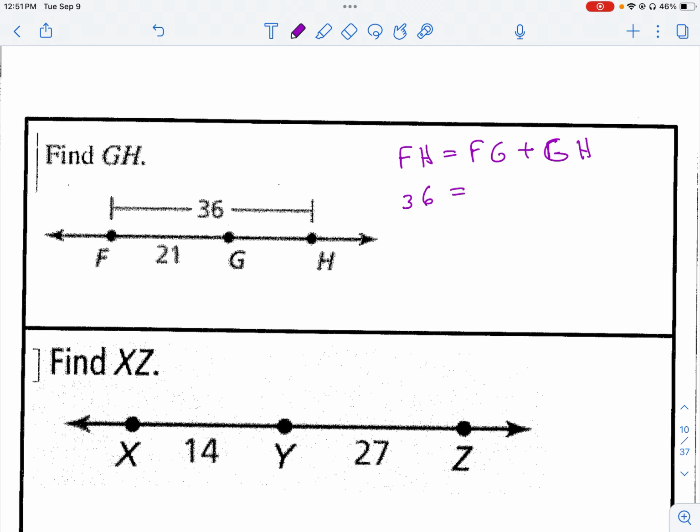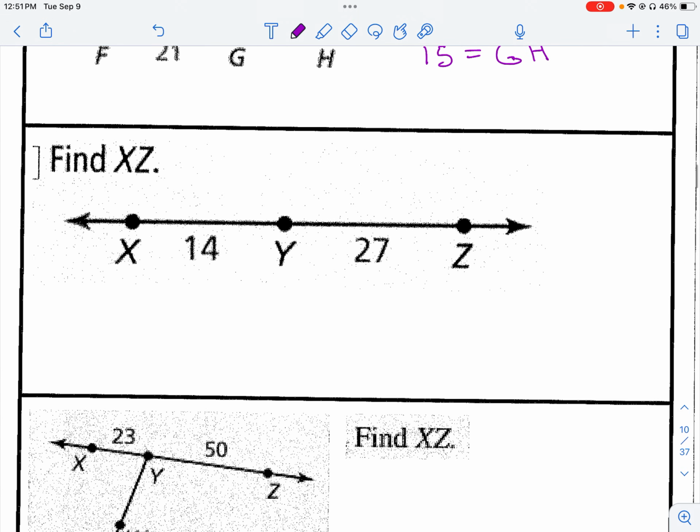So FH is 36, FG is 21, and we want to know what GH is, so we're going to leave that there. Then we're just going to do our handy dandy algebra and find out that GH equals 15. Most of you already knew that, but I like to do it anyway.